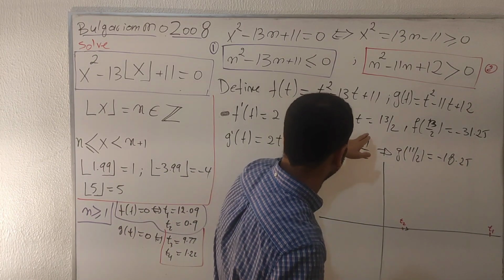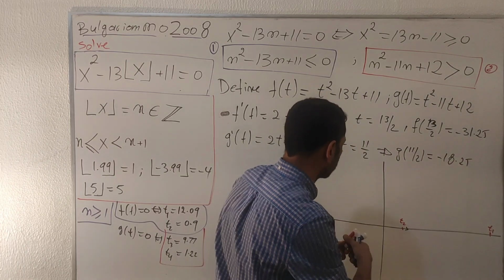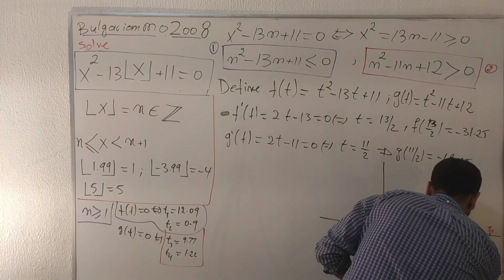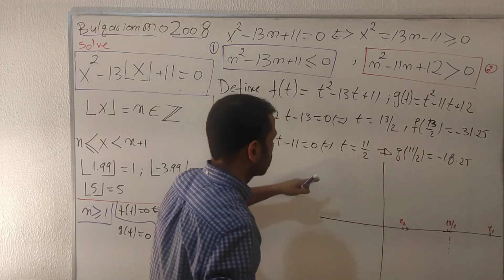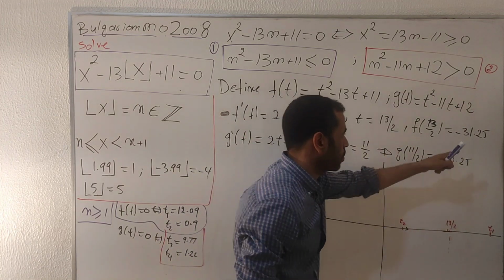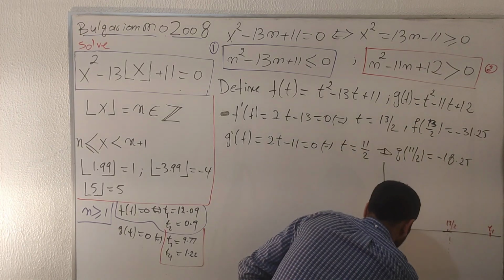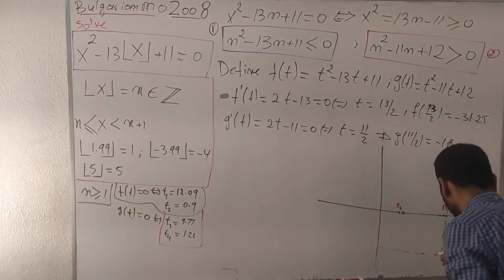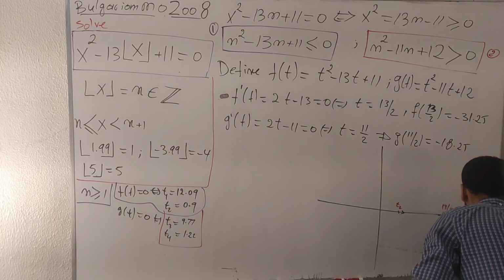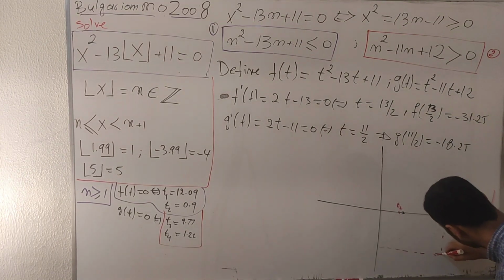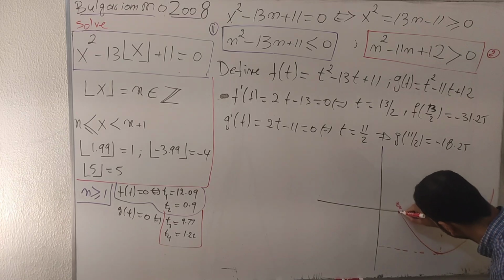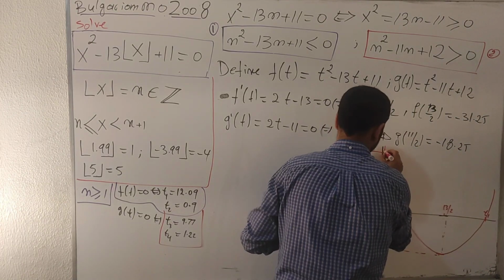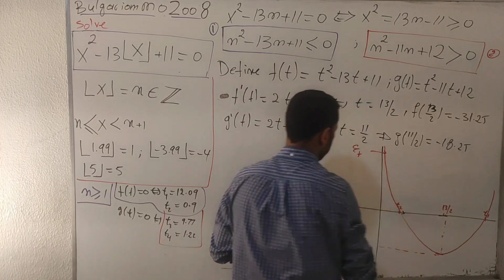We know t equals 13 over 2, which is 6.5, almost the half of this one. Minus 31.25 is going to be like this. So we will have an upward-facing parabola. The general picture of this one is going this way. This is the function graph of f.